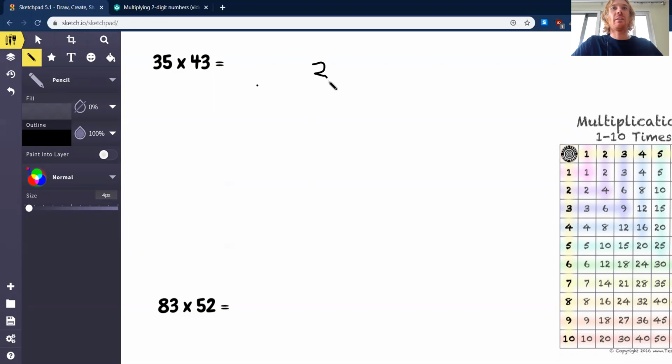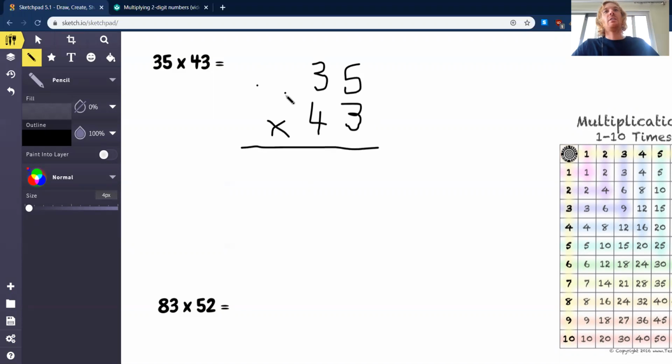So I'm going to write 35, times 43. Okay. And I'll draw a line off to represent the equal sign. Beautiful. 35 times 43.